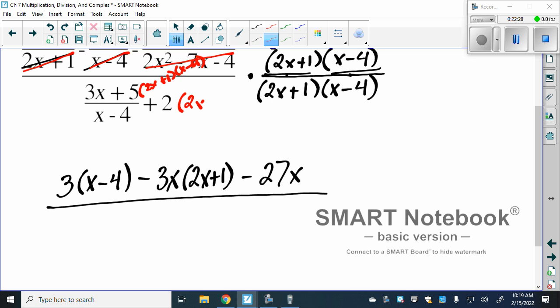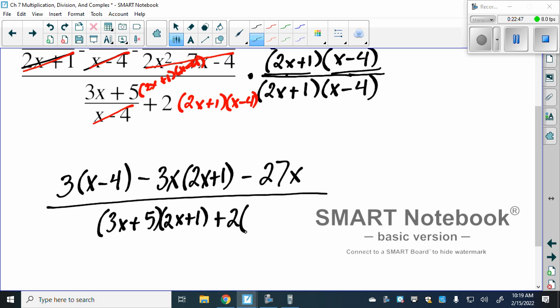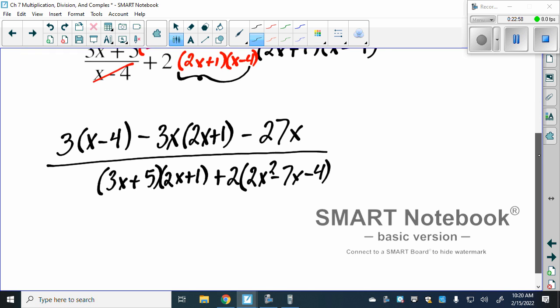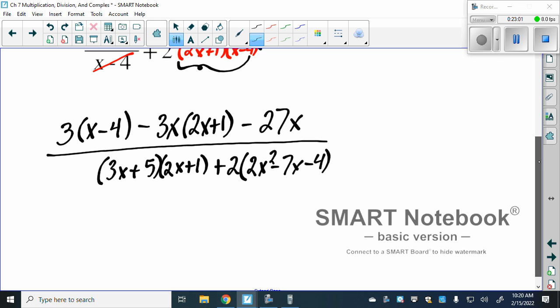And this here is multiplied by 2x plus 1 and x minus 4. Well, here the x minus 4 and x minus 4 would cancel out, leaving us with plus 2 times, well, now we're kind of shortcutting that a little bit because I showed you all a minute ago that the 2x squared minus 7x minus 4 is those two broken apart.